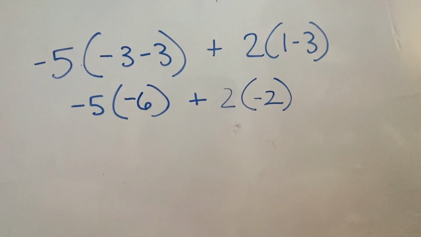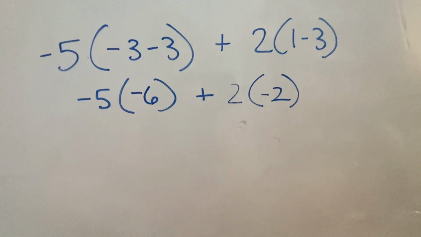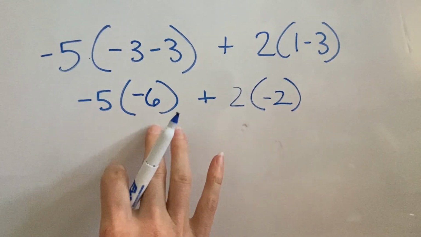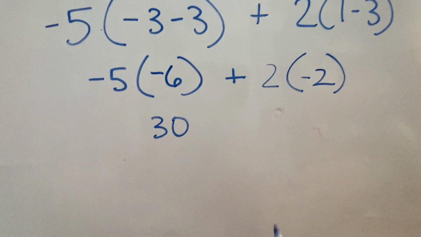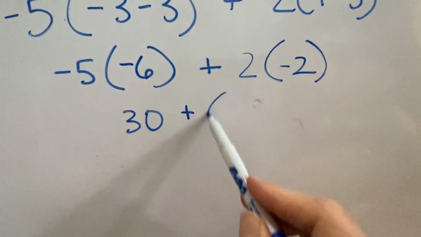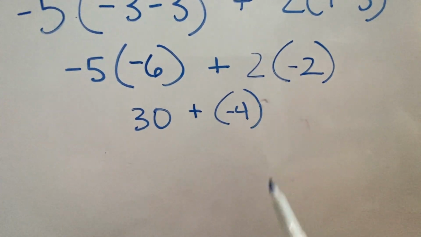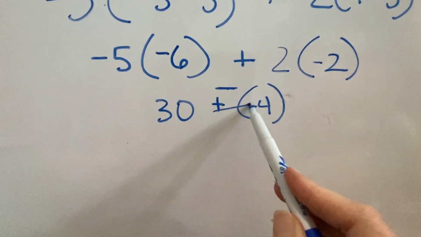All right. So now we need to multiply next. We've done what's in our symbols of inclusion. Now we have to multiply. -5 times -6 is positive 30. And then we've got a 2 times -2, which is -4. When you have a plus and minus sign like this, they become negative.